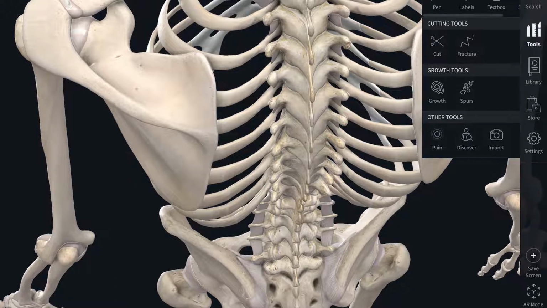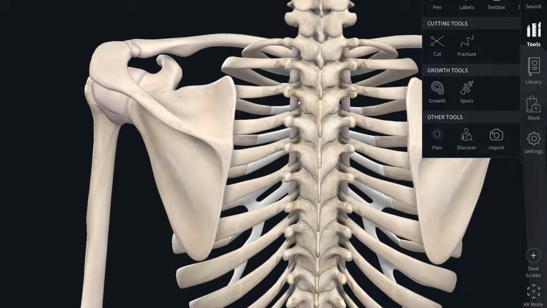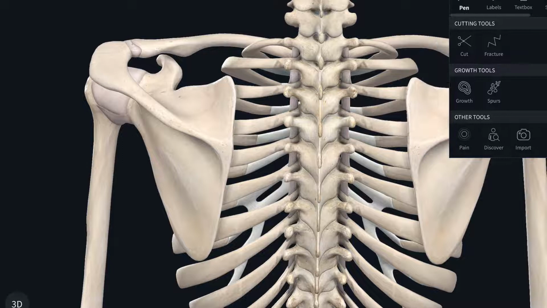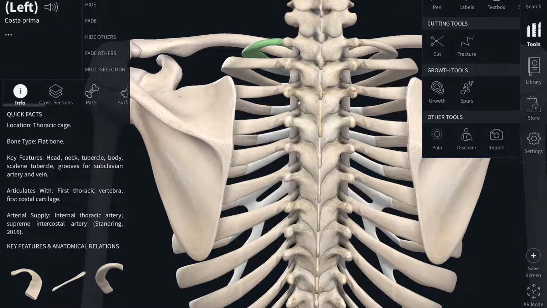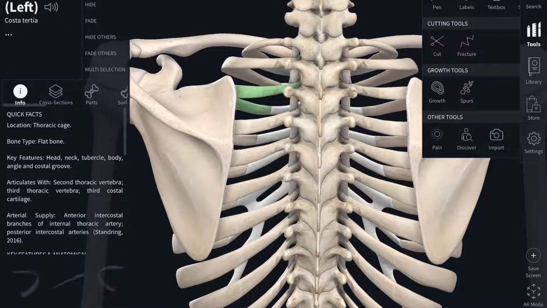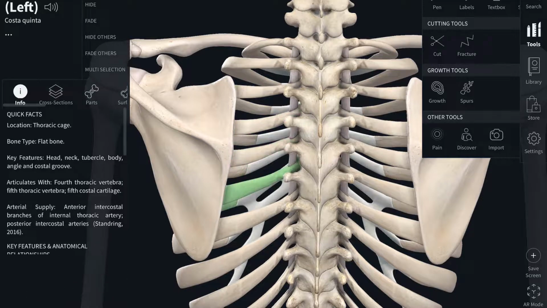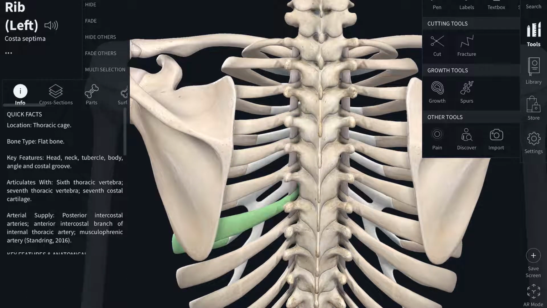Now, ribs 1 through 7 are true ribs. So we're talking about ribs 1, 2, 3, 4, 5, 6, and 7. They articulate directly with the sternum anteriorly via their own strip of cartilage called the costal cartilage.